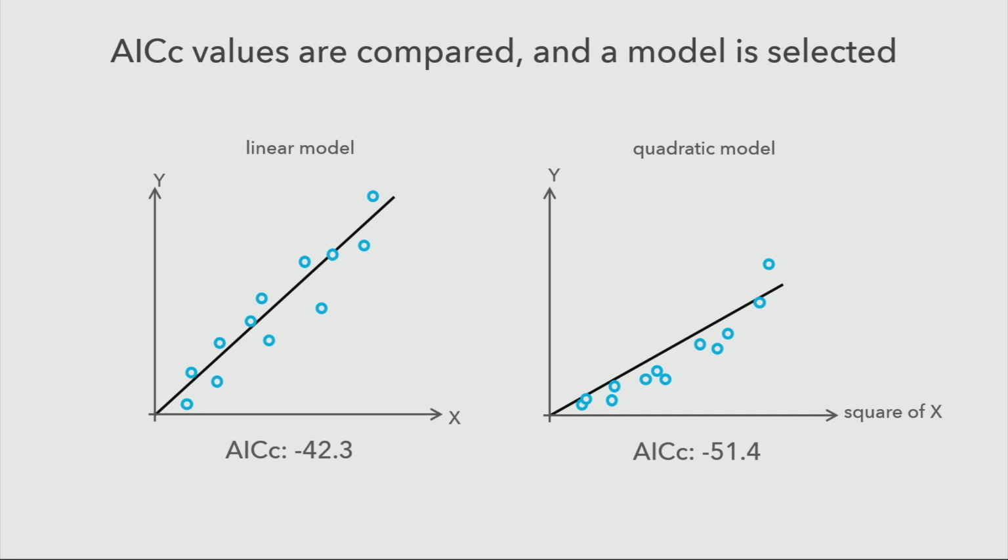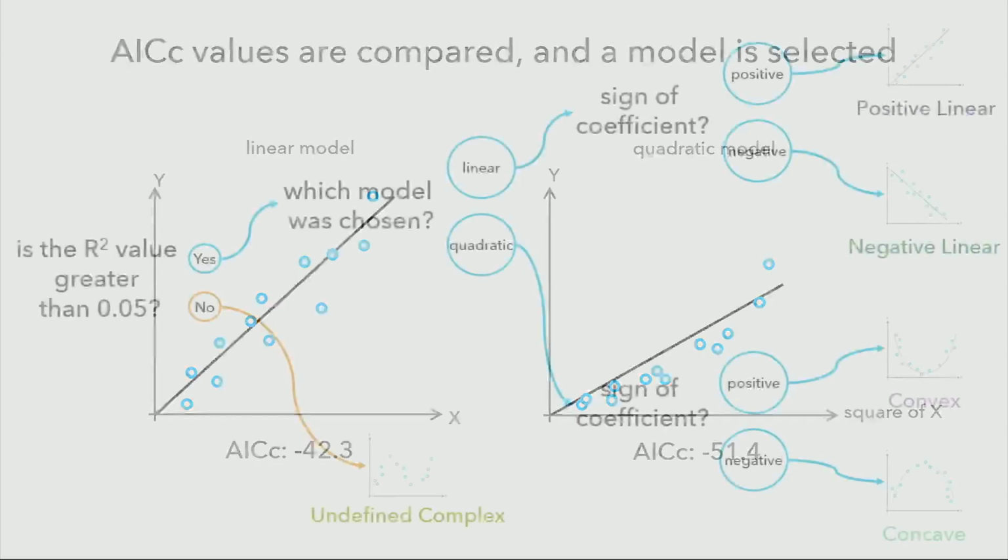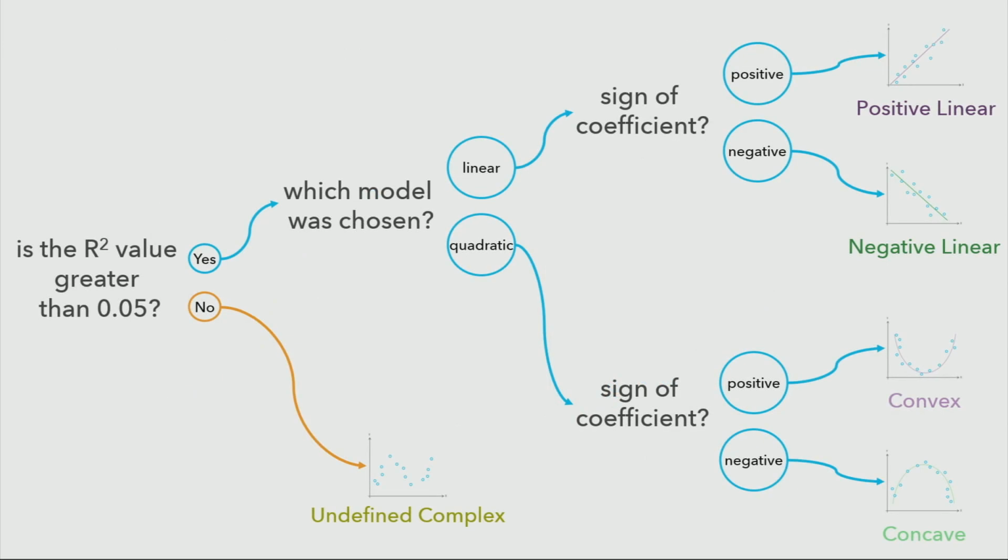Essentially, that second check is checking for a quadratic model, and it'll select the one with the lower AIC. That is then used in this little decision tree, essentially. We start first with this question: is the r-squared value greater than 0.05? If not, then basically neither linear nor quadratic really fits there. It's just a little bit too complex for us to say anything there.